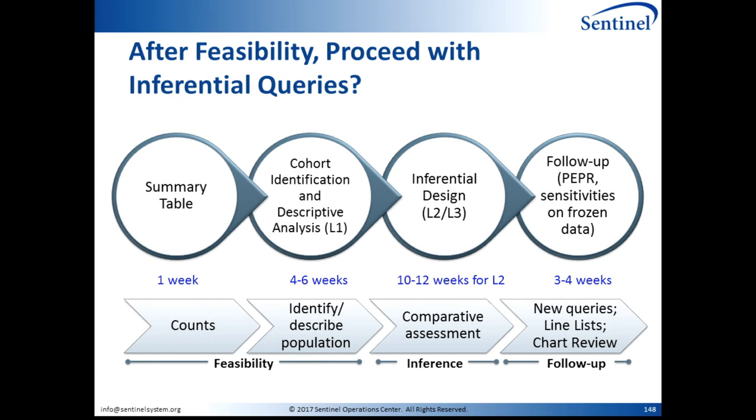If we are utilizing Sentinel in what we think of as the non-Sentinel uses of the Sentinel Distributed Database, using something like the Reagan-Udall Foundation or something like the NIH collaboratories, then those would be the requesters of interest, and we would return results to that requester. So I say FDA only because the vast majority of the Sentinel-based queries are returned to the FDA.